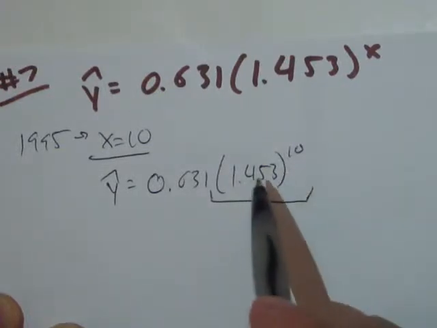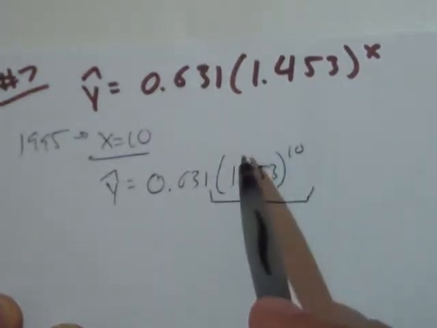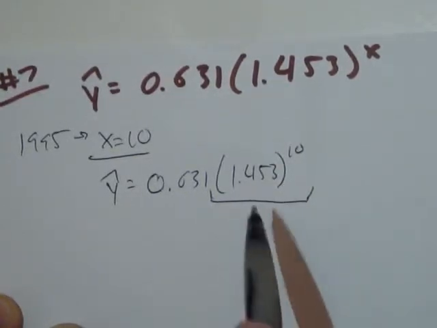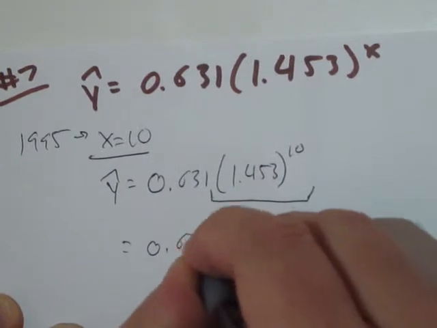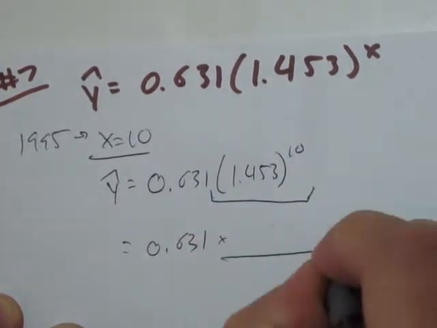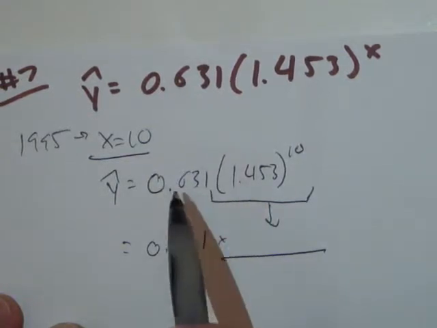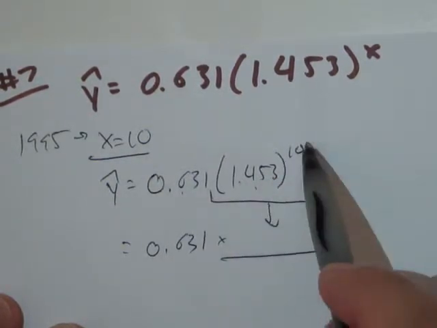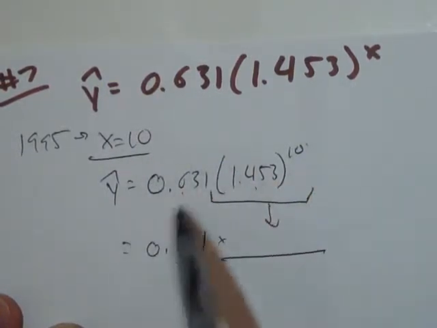You have to do the something raised to the power first, get an answer for that, and then whatever that is, multiply that times here. So whatever we get there, we'll do 0.631 times whatever that is. Alright? And that's how we do that. If you do this number times that and then raise to the power, you're going to get way off. Okay? So here, raise to the power and then hit equals and then find this.